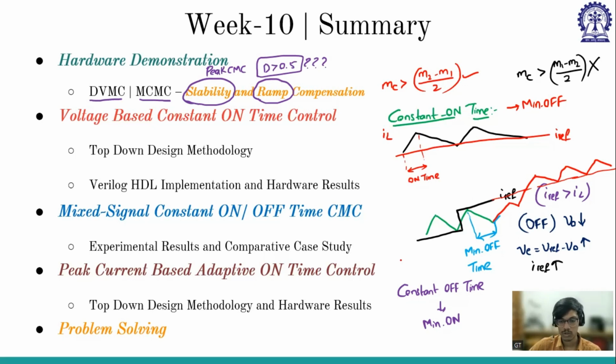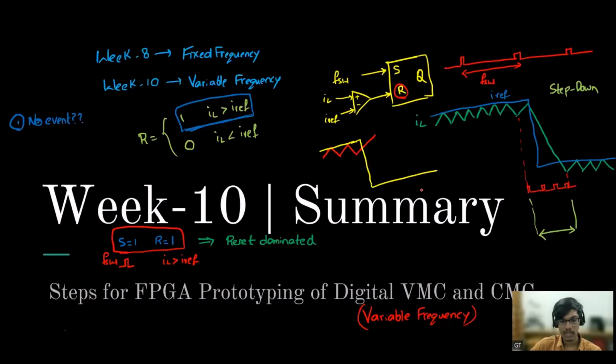So it will collapse. A similar scenario, just the opposite, applies for constant off time with minimum on time. The same thing could happen in the fixed frequency case also, where we have considered this. If it had been set dominated, then it will set and the inductor current will keep on increasing, right? The I reference is in this way and this will keep on increasing, and that we should not want.